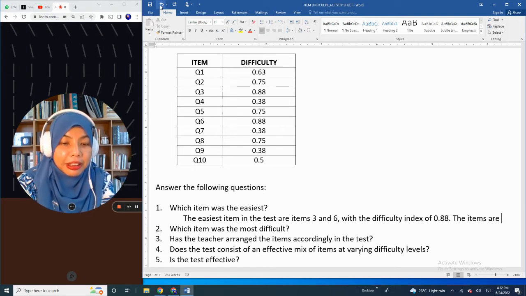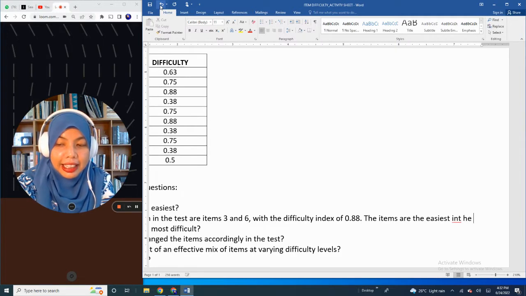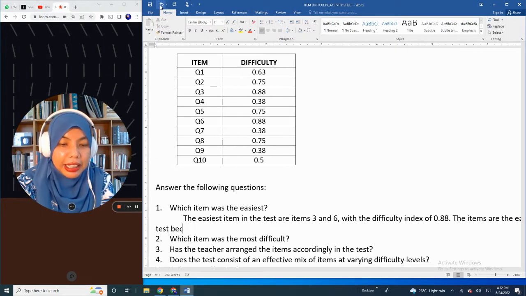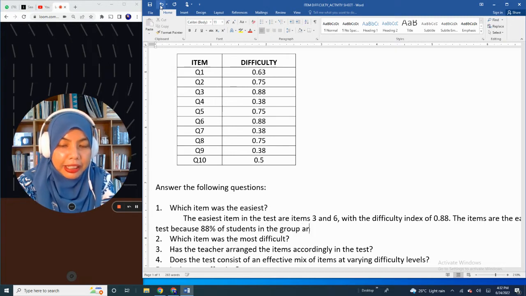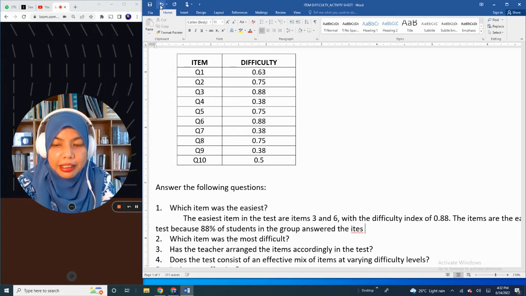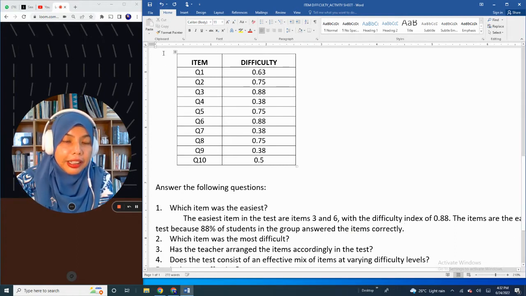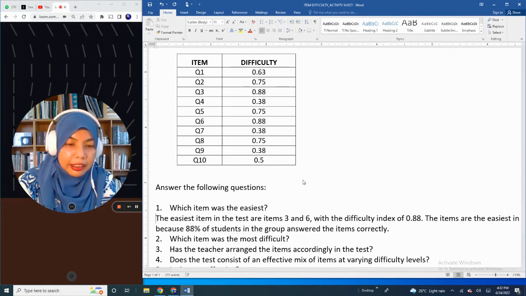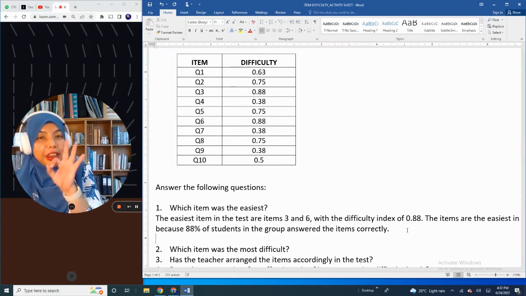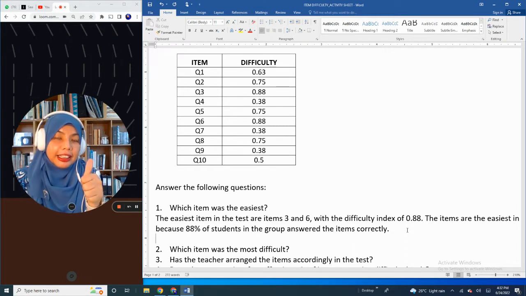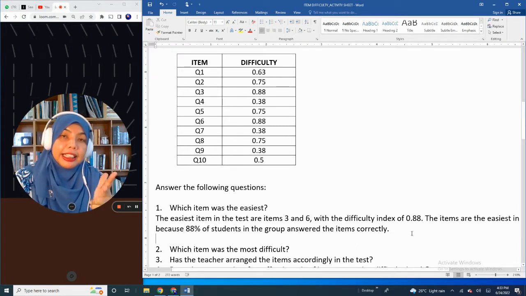The items are the easiest in the test because 88% of students in the group answered the item correctly. Okay, so that's how your answer should be, with 3 pieces of information: state the item number, what's the index, what does the index mean.